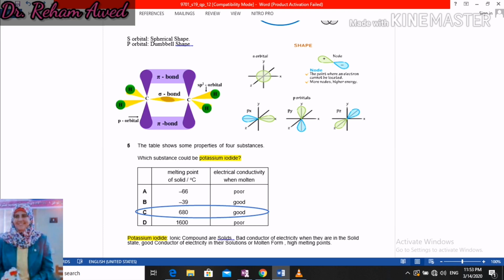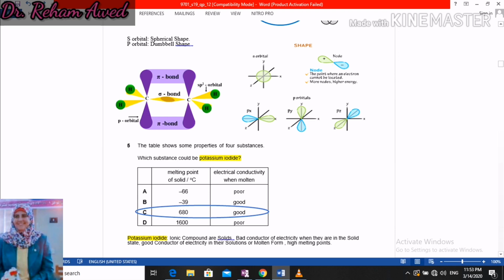As we have an ionic bond, ionic compounds have some specific properties. For example, they have high melting point and high boiling point. They cannot conduct electricity in their solid state. They are good conductors of electricity when they are in solution, or when they are in the molten state.